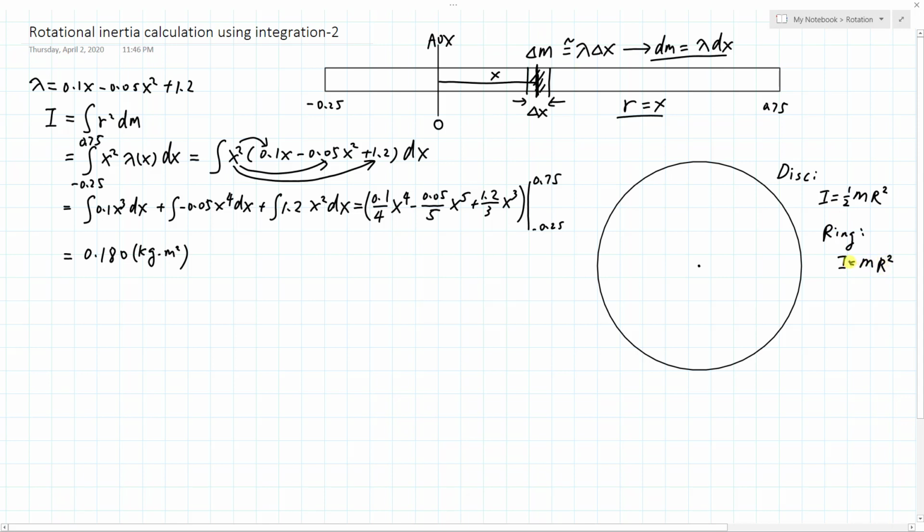Okay, so if I take a look at this disk, the disk is actually a collection of concentric rings of different radii, right? So if I take one arbitrary ring, I don't know if I can draw this well enough. So let's put some points here to aid my drawing.